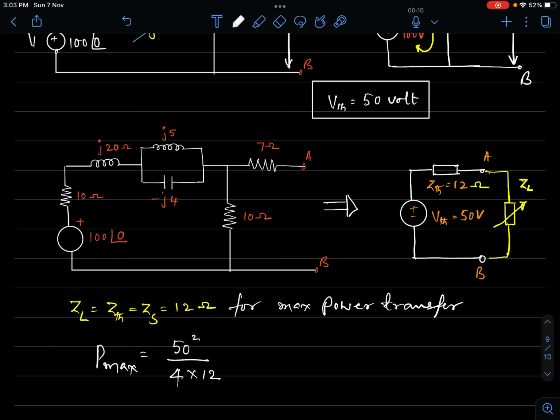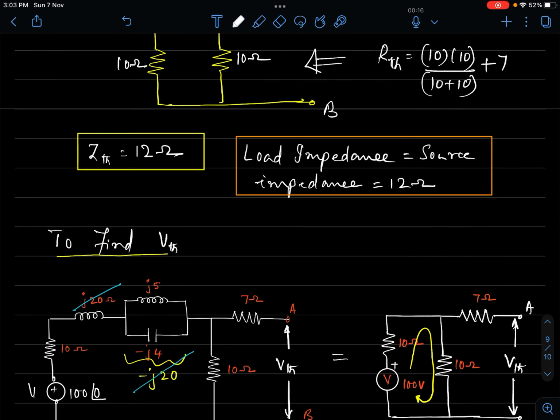I perhaps would need a calculator. Let me see and give you the result. This is 50 square divided by 4 into 12, which is equal to 52.08 watts.